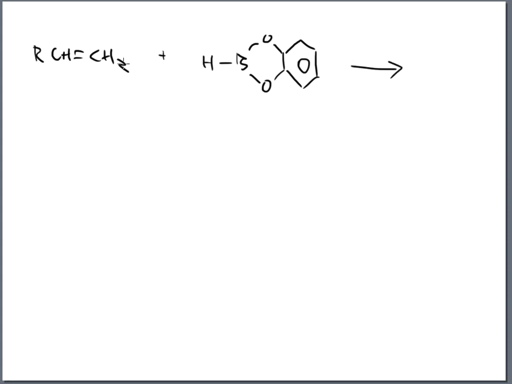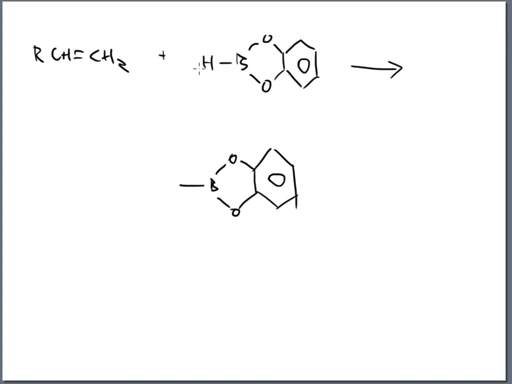These two things react very easily together, and what you would see is this boron-containing group at this point, and this 5-membered ring. There's the 6-membered ring that comes along with it. What you would see is a substitution almost in a way.